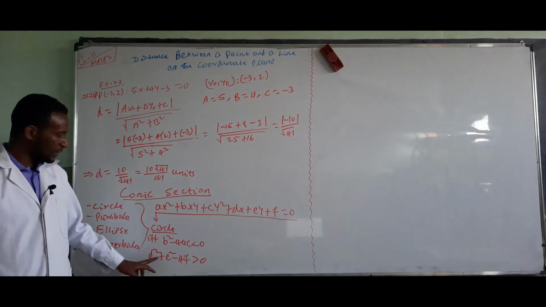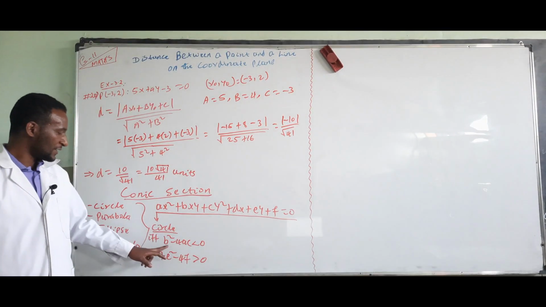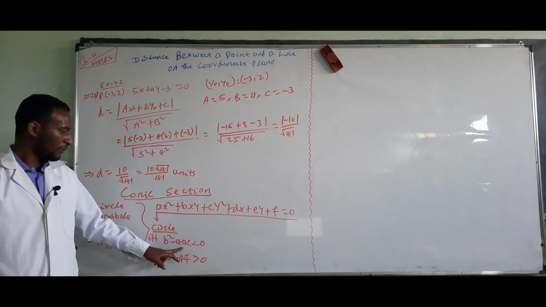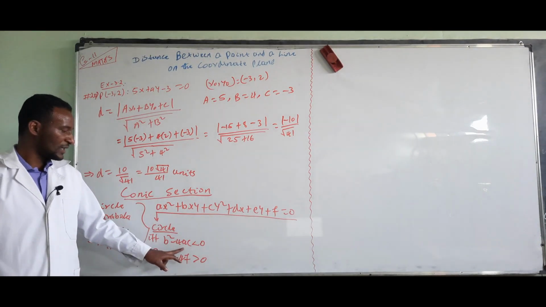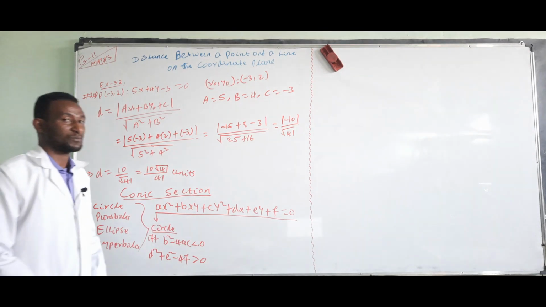But if d square plus e square minus 4f is greater than 0 and b square minus 4ac is less than 0, then this general equation becomes a circle.